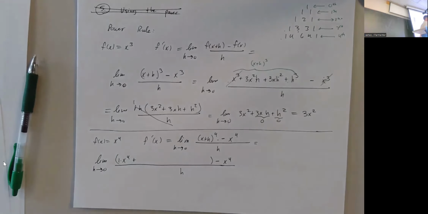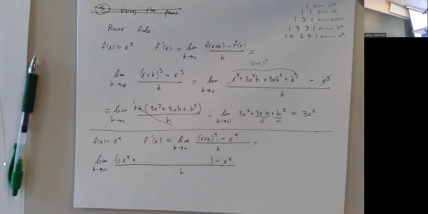I guess I can walk around and look at what you were writing. Cool. And then it should be all divided by h, right? Looking good, yeah. You're going to want an x to the 4th. And then the next one's going to be plus 4x cubed times h.